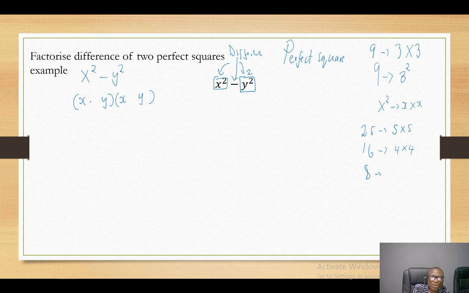But because it's the difference of two squares, when you put the signs, you put negative, you put positive. So the signs must differ. So you have x minus y, x plus y. So you have factorized x squared minus y squared. Which skill? You did not take out the highest common factor. But how did you factorize it? You factorized the difference of two perfect squares. You should be able to factorize the difference of two perfect squares.